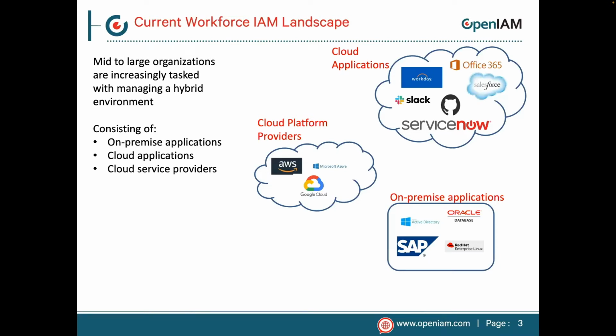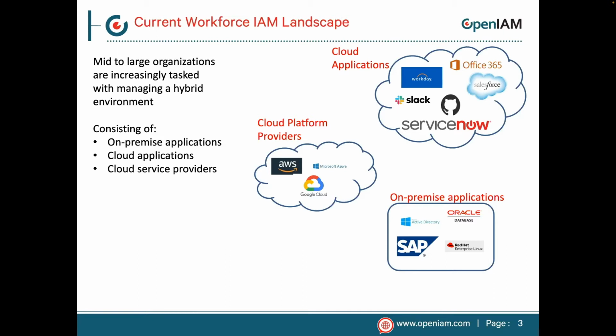We have some applications which are from cloud providers, so some SaaS solutions, right? Things like Workday, Office 365, ServiceNow, Slack. But also companies are increasingly using the cloud platforms like AWS and Azure and Google. And there are others depending on which part of the world that you're in.